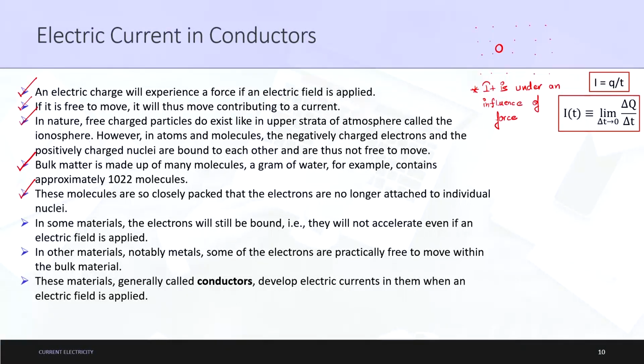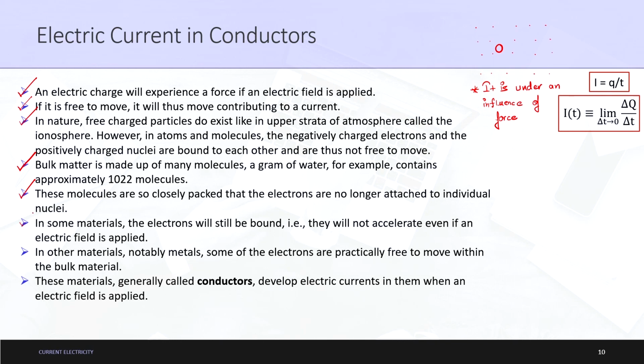There are different models for it, but it was understood that the electrons are not bound to the protons and neutrons; they are free to move. In some materials, the electrons will still be bound, that is, they will not accelerate even if an electric field is applied.